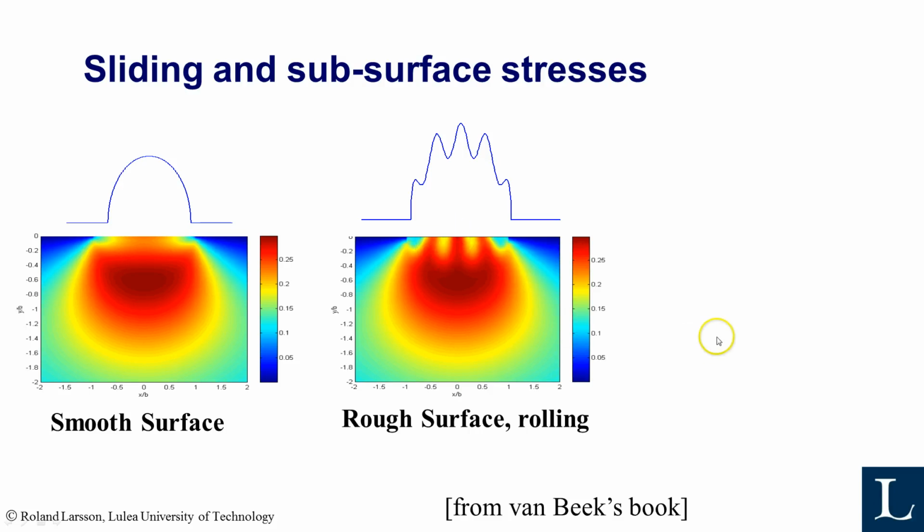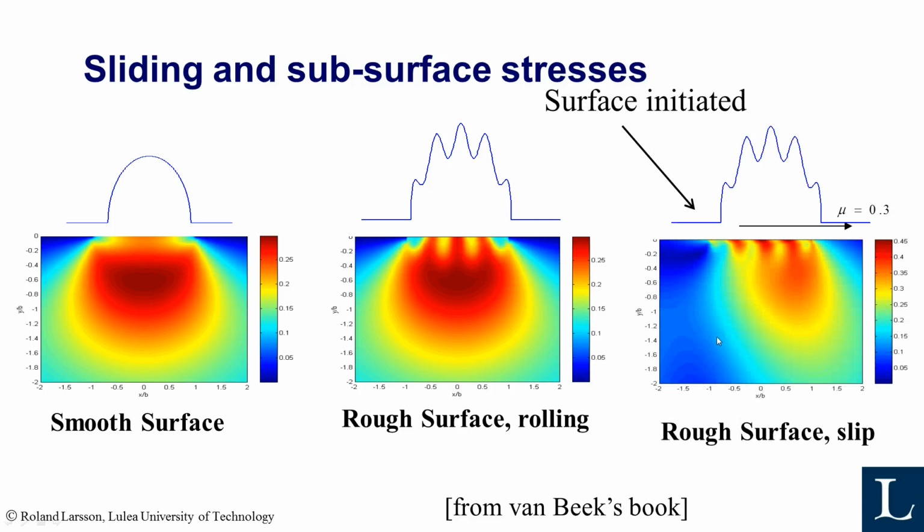But then the big thing is that if you add some sliding as well, so you add some shear stress upon the surface, then you significantly increase the stress in the surface, and especially at the surface. Now you have a very much bigger risk of plastic deformation or surface initiated damage here.